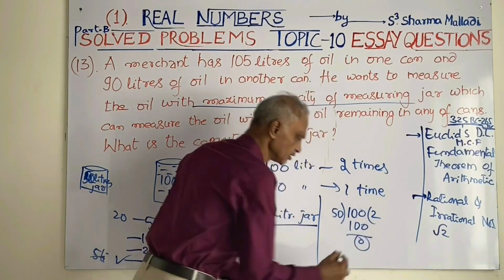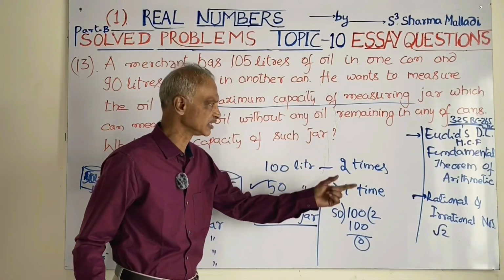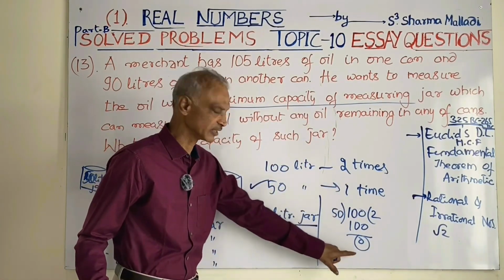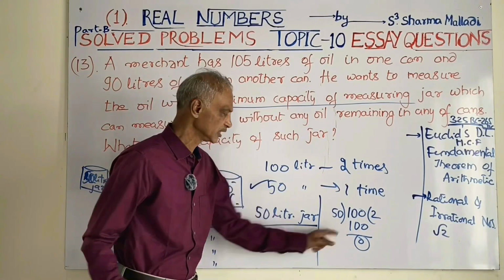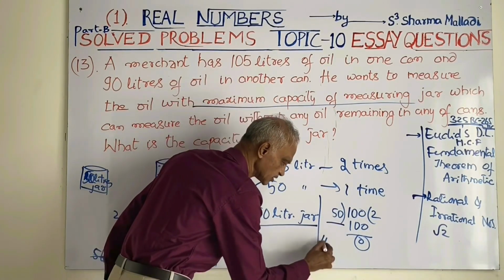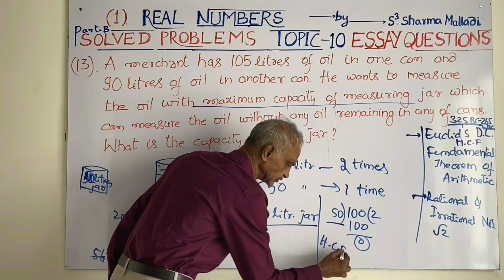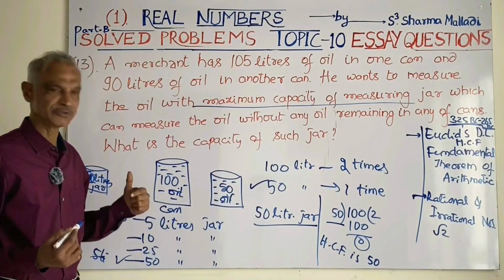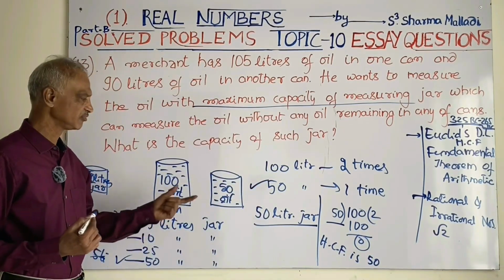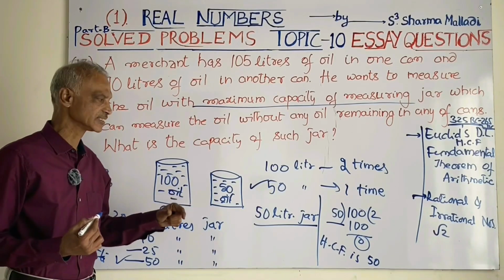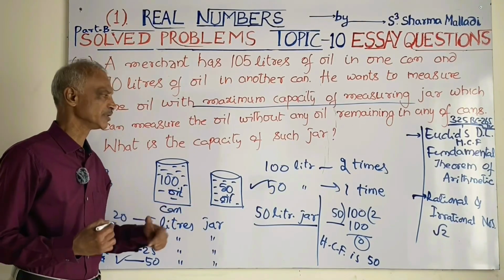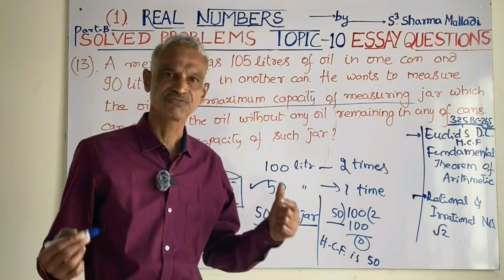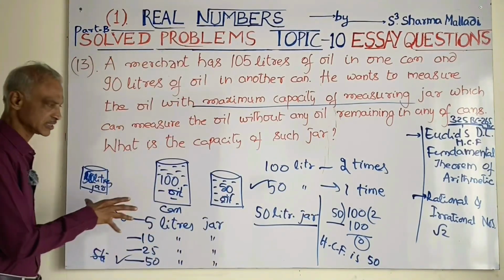You are getting remainder 0 from Euclid's division lemma. Then what is the HCF? HCF is 50. You can write directly that a 50 liters jar is required to measure the 100 liters can and 50 liters can. I explained this problem.